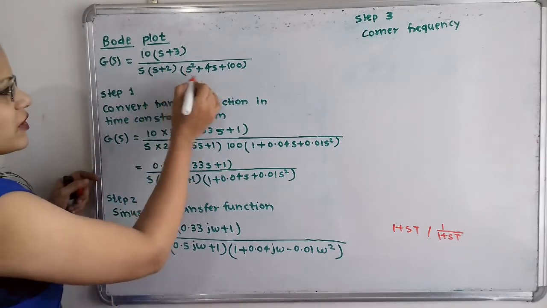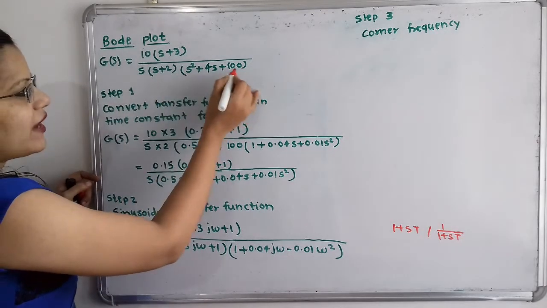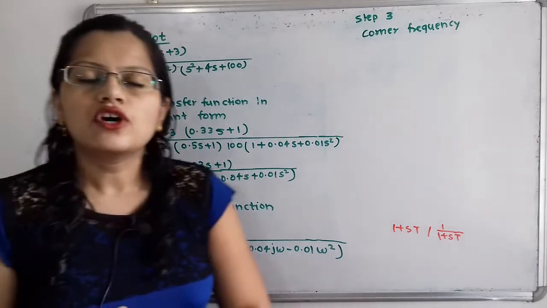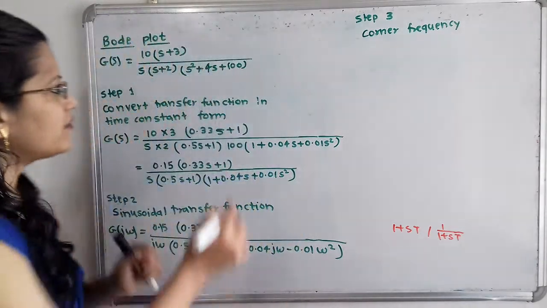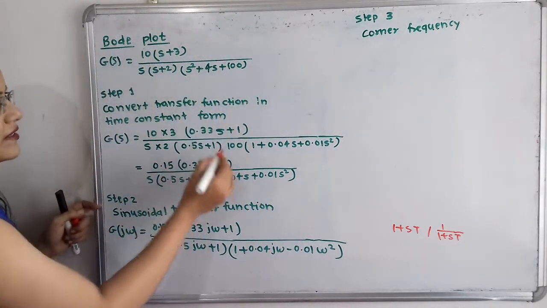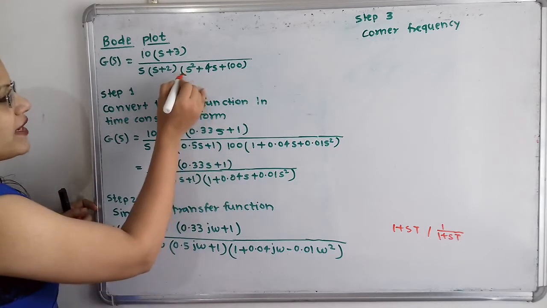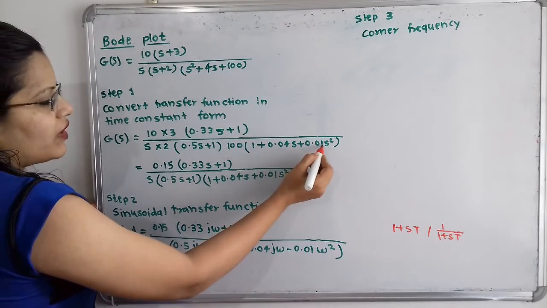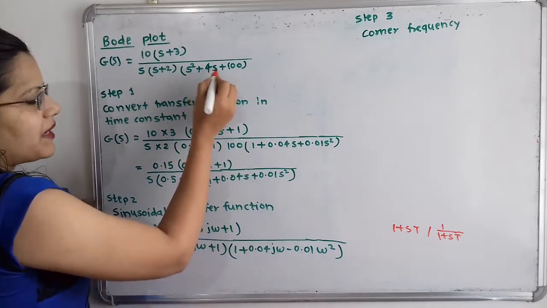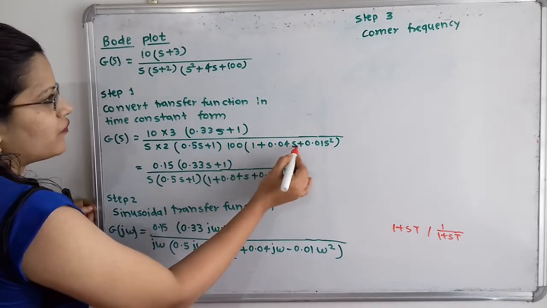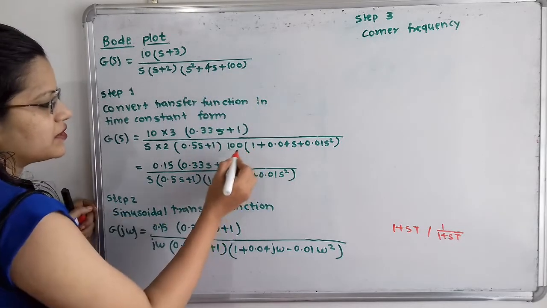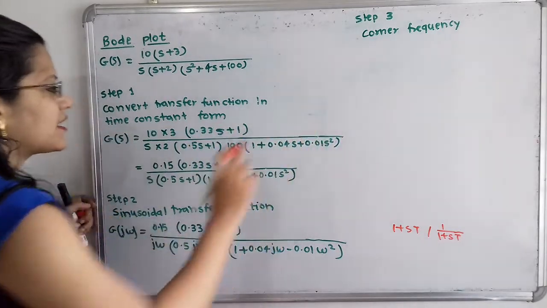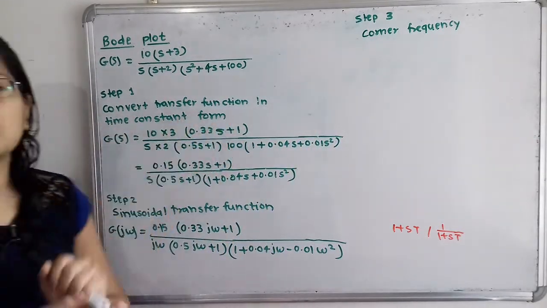Then for the second term also we have to take 1 instead of 100, so I will multiply and divide this bracket by 100. Now 1 divided by 100 s square, that is 0.01 s square, 4 divided by 100 s, that is 0.04s, plus 100 by 100, that is 1. So in this way this is converted into time constant form.